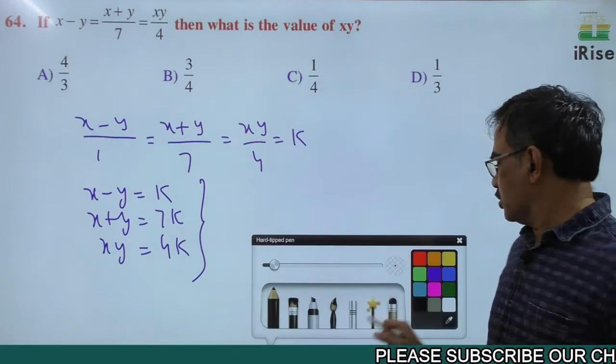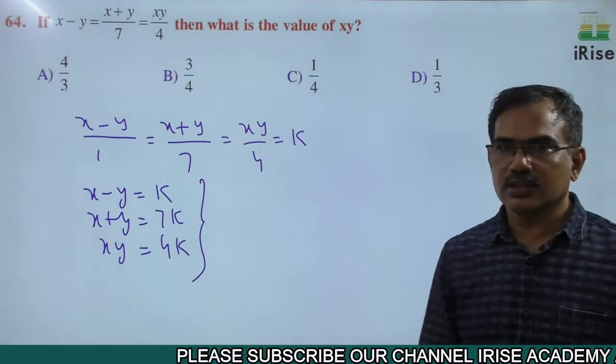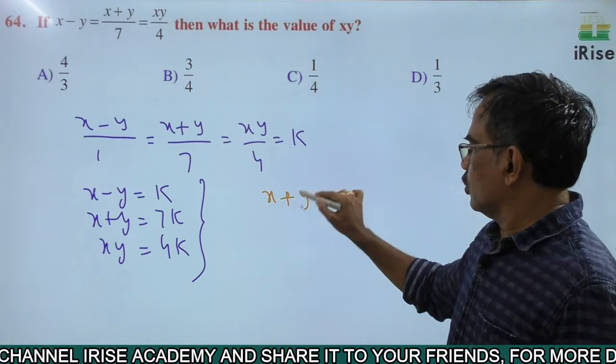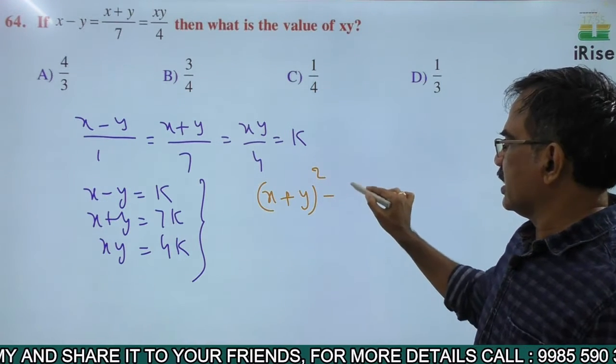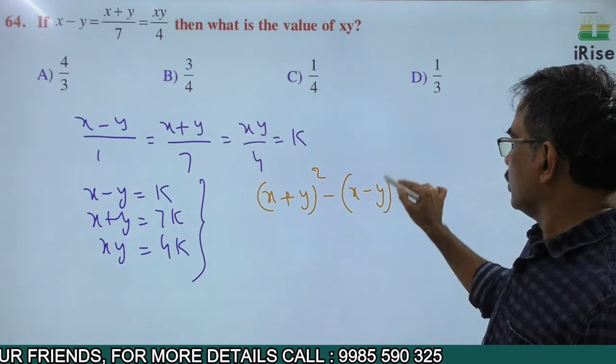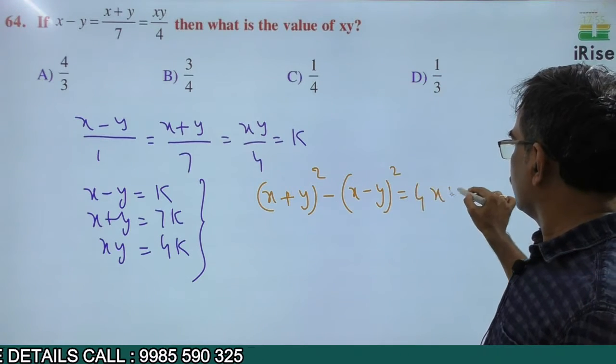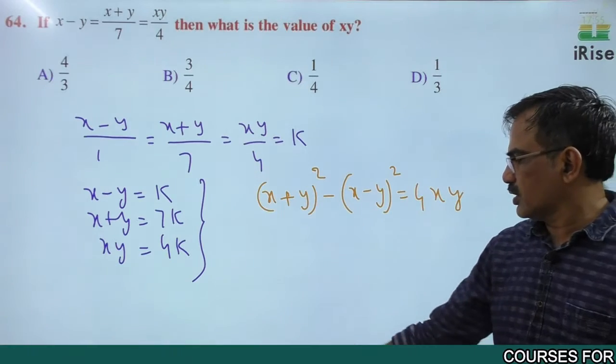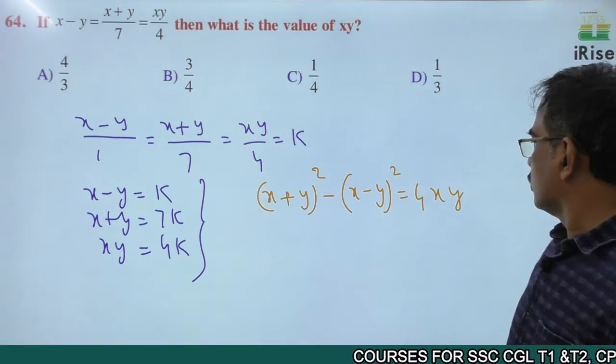Then what is the relation between these three? (a plus b) whole square minus (a minus b) whole square is equal to 4ab. (x plus y) whole square minus (x minus y) whole square is equal to 4xy.